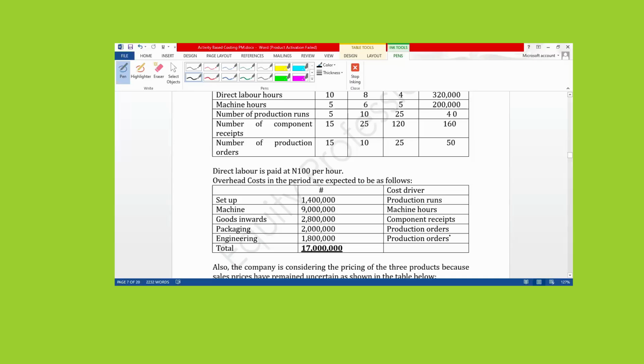Production orders created packaging and engineering overhead. Examiner has done step 1, step 2, step 3 for us. We now start calculation from step 4. We need to calculate overhead absorption rates per cost driver.